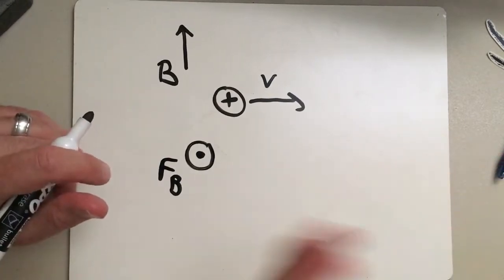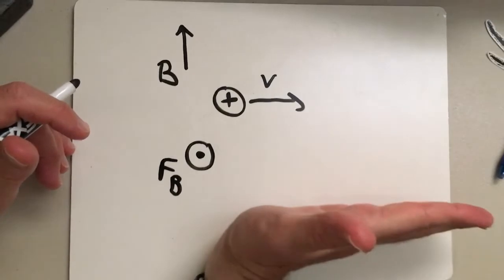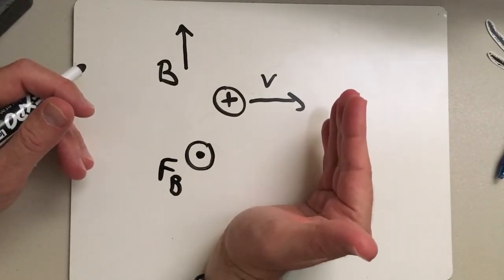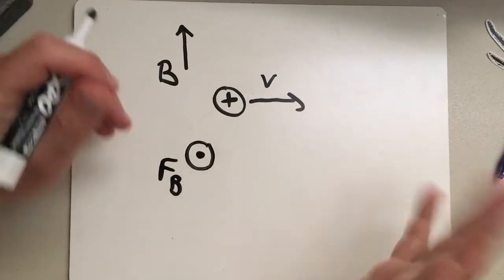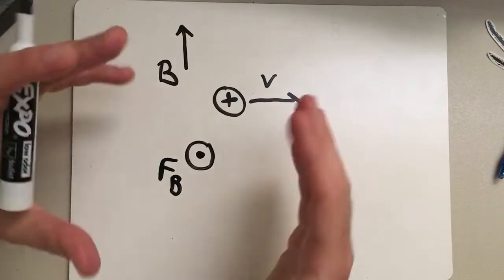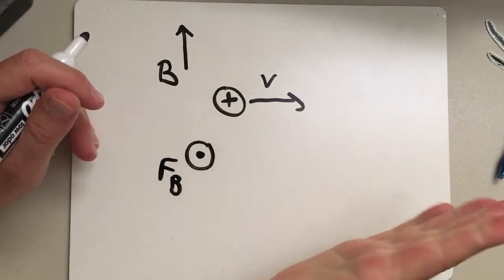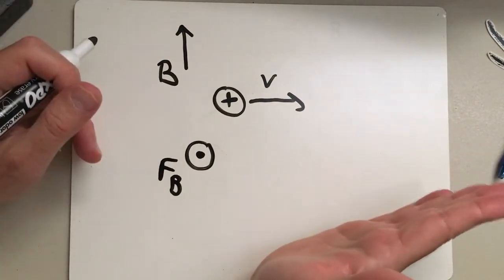By the way, some people, instead of doing individual fingers, like to just stick their whole hand in the direction of the velocity and then bend all their fingers in the direction of the magnetic field. Some people prefer to do that. That's totally fine. But regardless of which method you're using, the thumb represents the force, and you need to recognize a few limits.